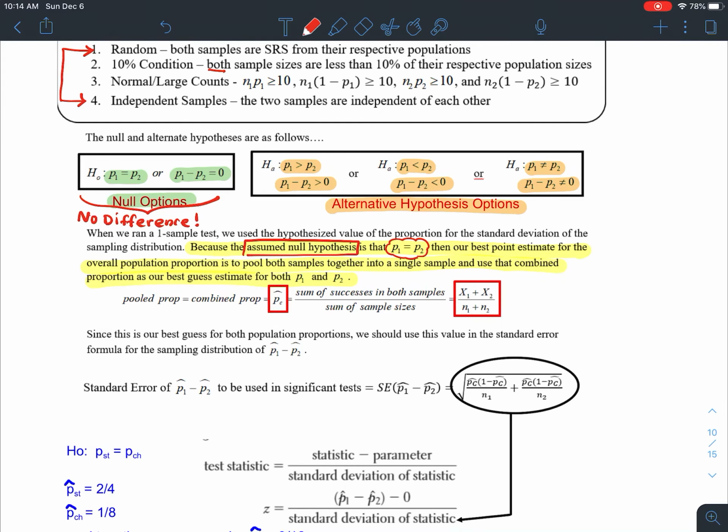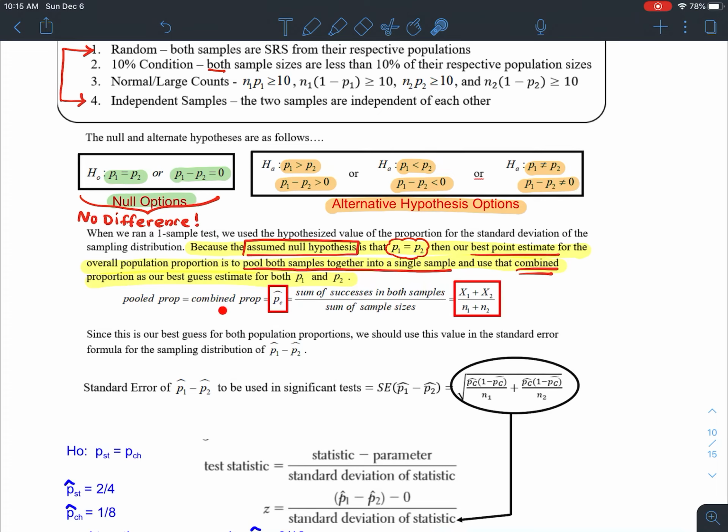Okay, so if we're assuming that these 2 proportions are the same, then technically our best estimate for the overall population proportion from each of the populations would be to pull together the 2 samples, almost viewing it as a single sample, and using that combined proportion as both our best guess for P1 as well as for P2.